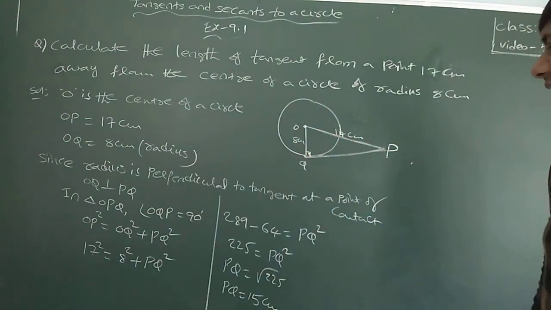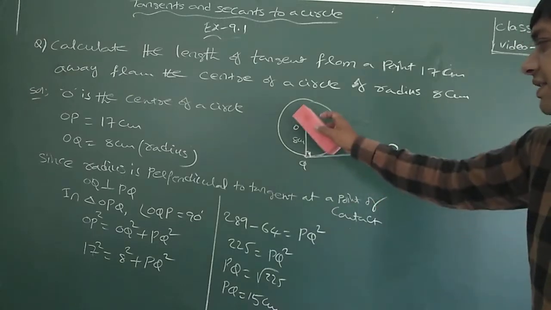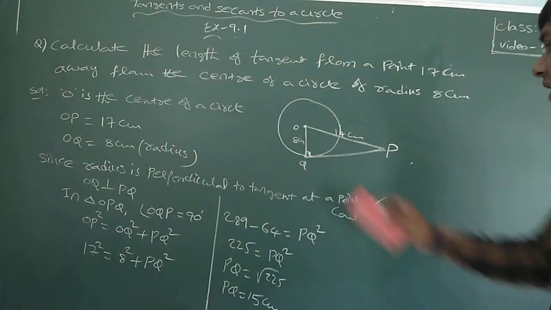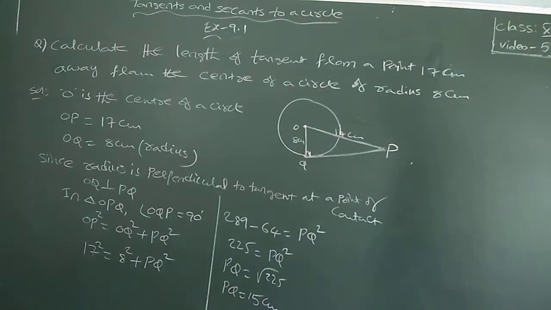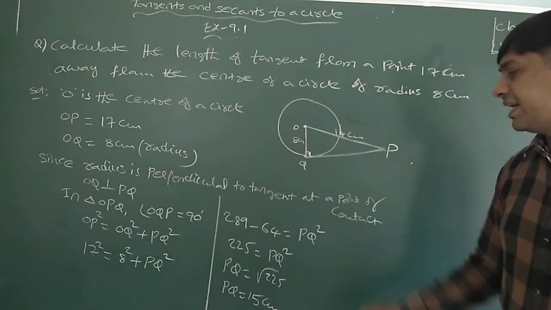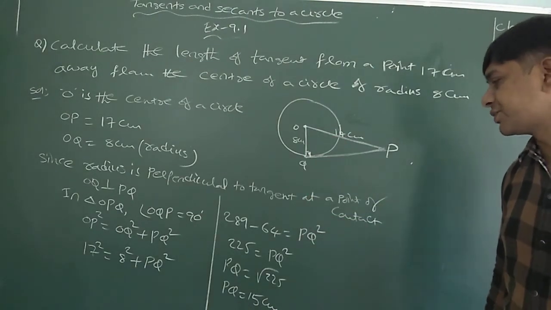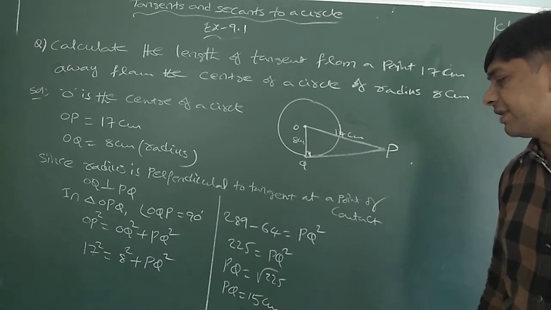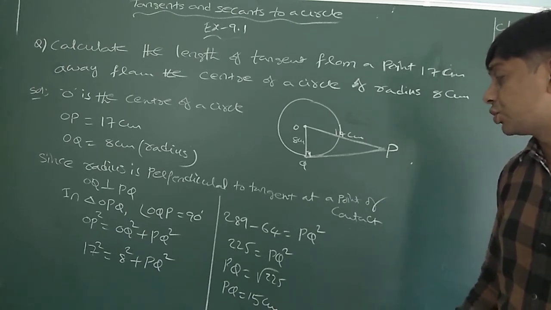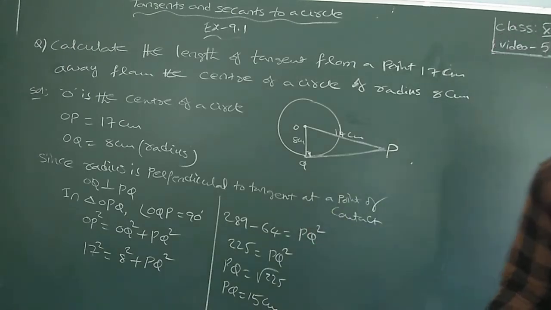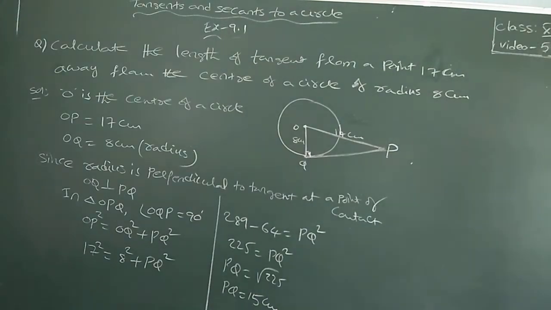I applied the Pythagoras theorem: OP square is equal to OQ square plus PQ square. The right angle opposite is the hypotenuse. So 289 minus 64 is equal to PQ square, PQ square is 225, PQ is root 225, PQ is equal to 15 centimeters. Please write down.